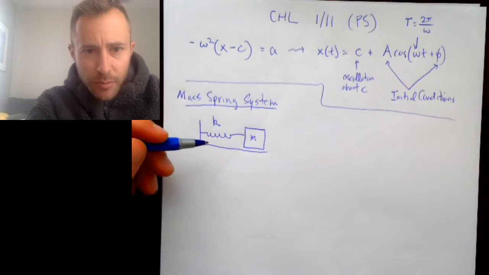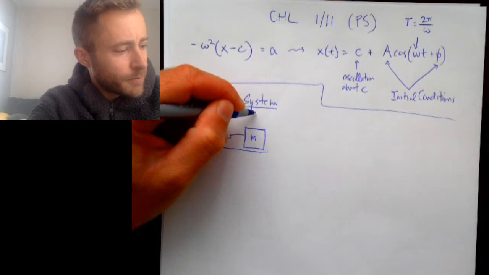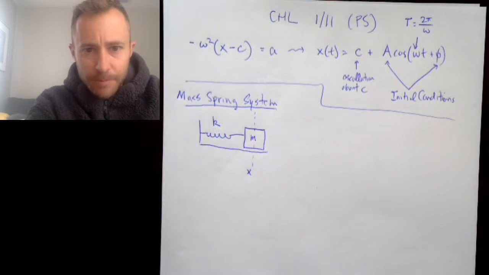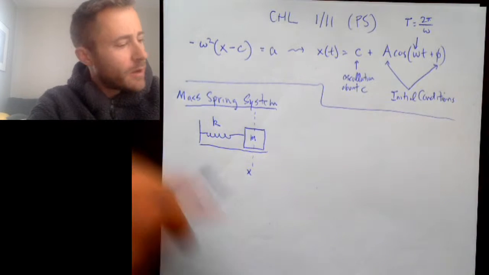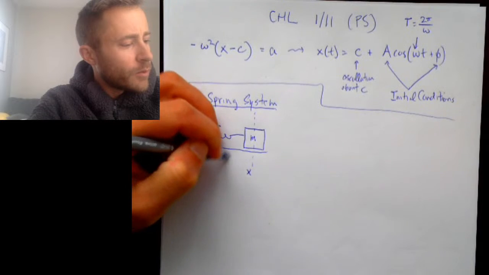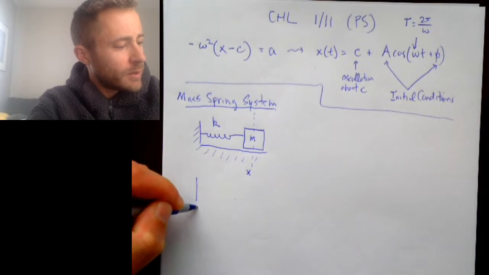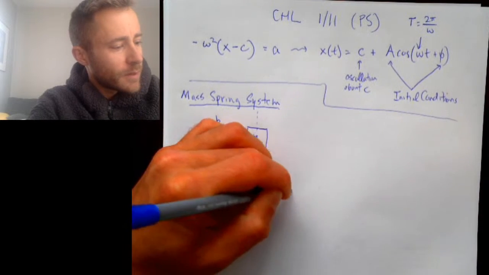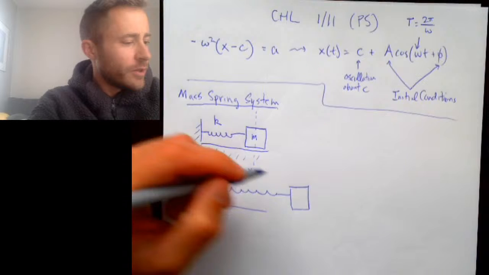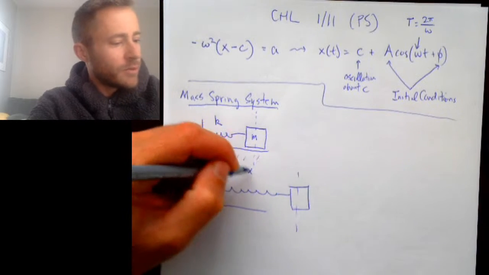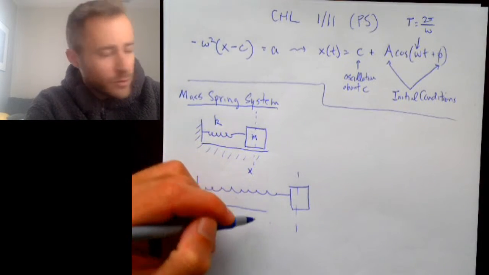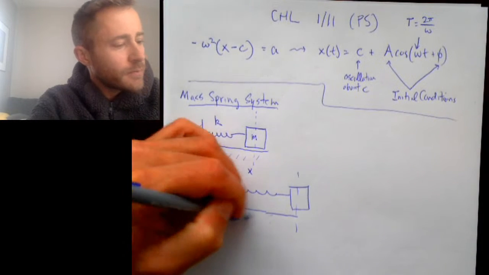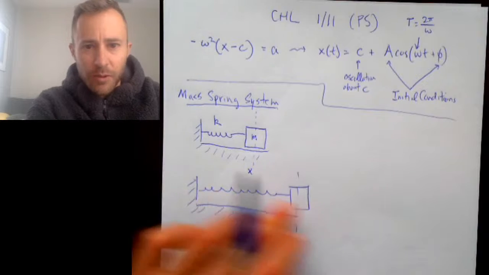And we're going to assume that this is x equals 0. We pull the mass some amount to the side. So the amount that the mass is pulled to the side would be the amplitude of the motion. And we release it, and it's going to go back and forth like this.